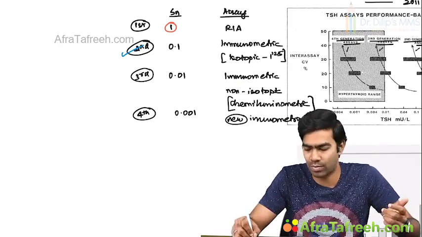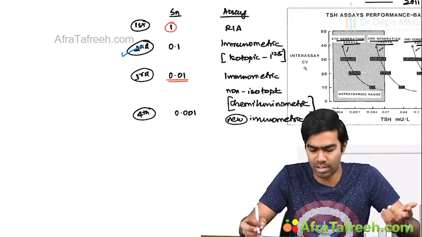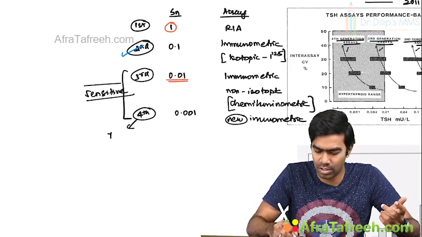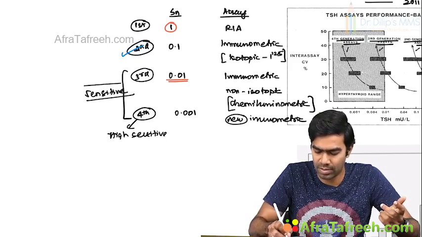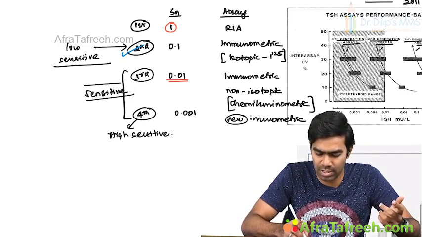Apart from that, it's not that useful. But third generation, when will you need it? Second, third and fourth generation we call sensitive TSH assays. And this fourth generation is also referred to as the high sensitive TSH assay. And the second generation is the low sensitive TSH assay. First generation is insensitive.